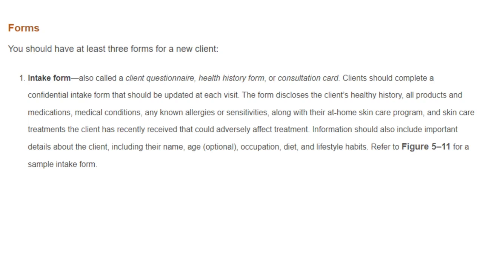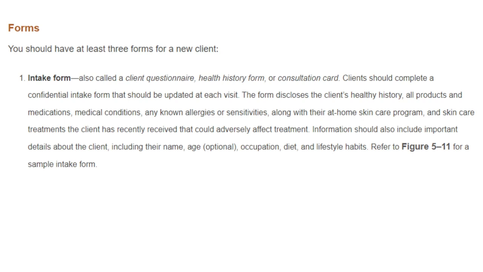Forms. You should have at least 3 forms for a new client. Intake form, also called a client questionnaire, health history form, or consultation card. Clients should complete a confidential intake form that should be updated at each visit.